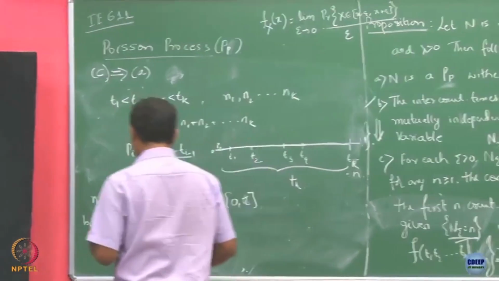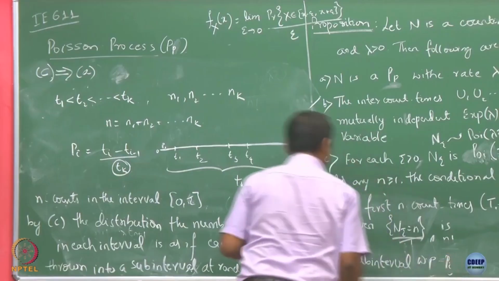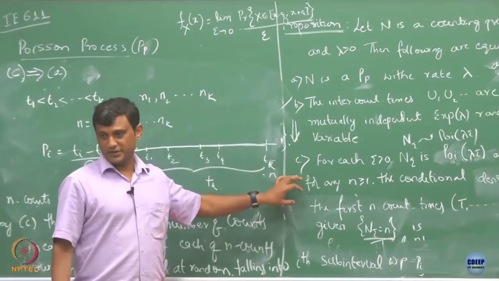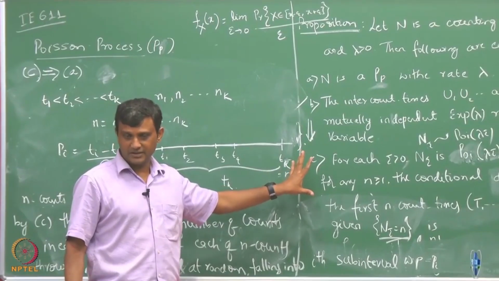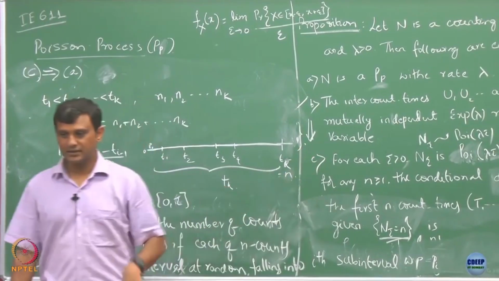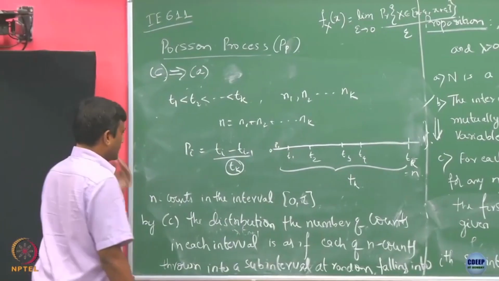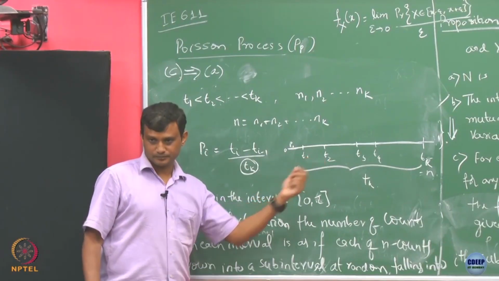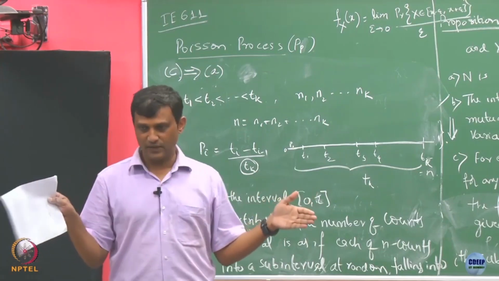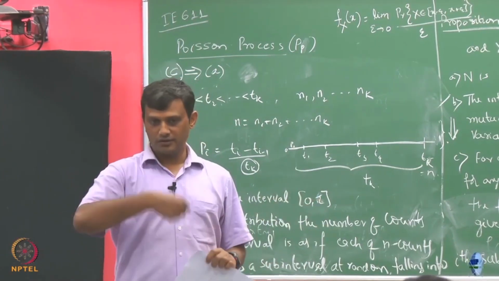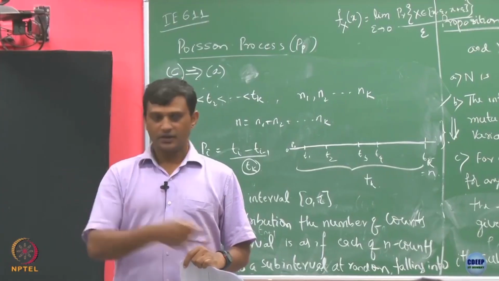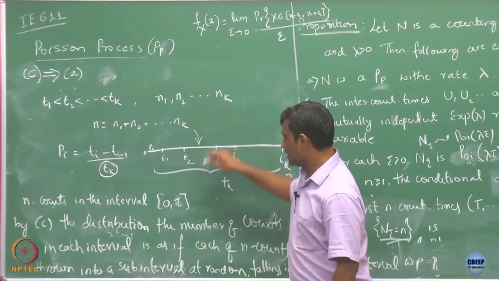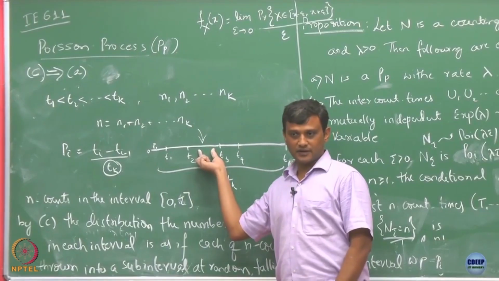By C, the distribution of, so what we are saying is, because of this uniform distribution interpretation we have from this C point, we can assume that if we define these Pi's to be probabilities proportional to the interval, and if I have n numbers given to me, and if I throw these n items on this interval, the probability that it falls in this interval is going to be proportional to the length of this interval.